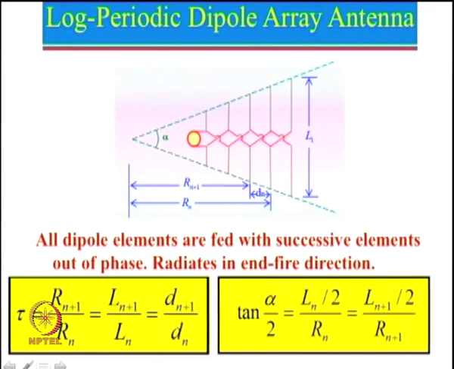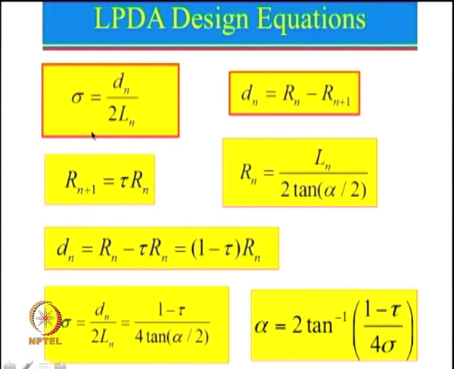Then we looked quickly at the space factor sigma, which determines the spacing in this particular direction, and I had shown the quick steps. Finally, this is the relation where alpha is related to tau and sigma.